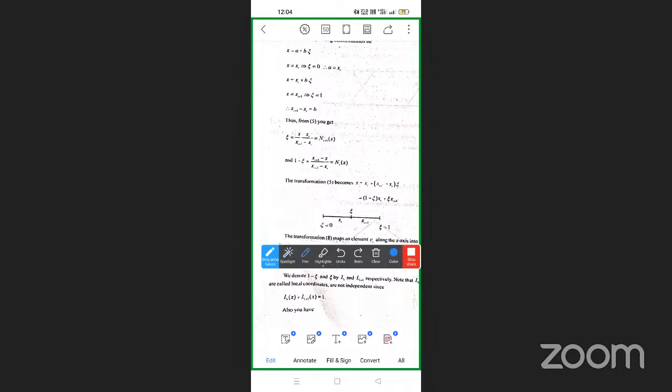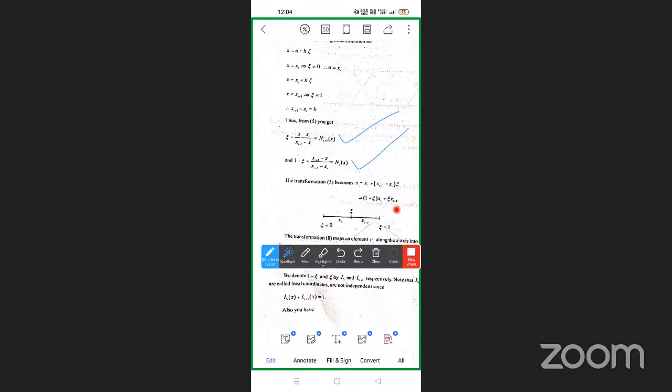So these are N_{i+1} and N_i. The transformation equation 5 becomes x = (1 minus xi) into x_i plus xi into x_{i+1}.